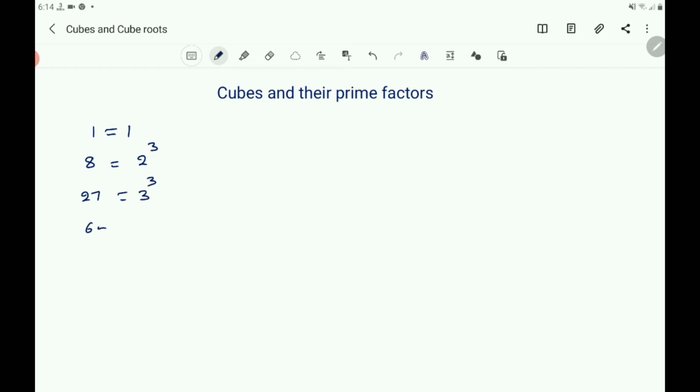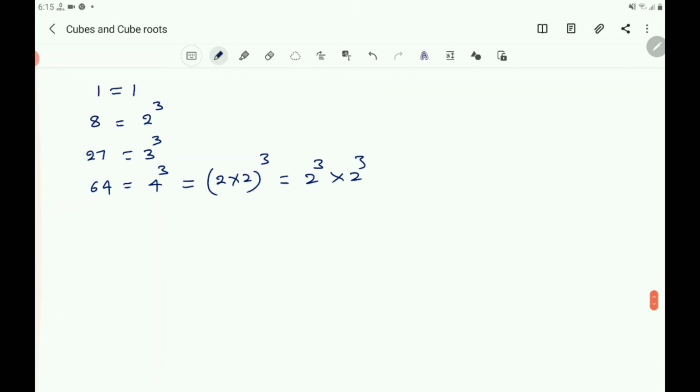Next 64. 64 is 4 cube. So here 4 is not a prime number. You can express it as 2 into 2 whole cube, so it is 2 cube into 2 cube. Next cube number is 125. 125 is 5 cube. 5 is a prime number.